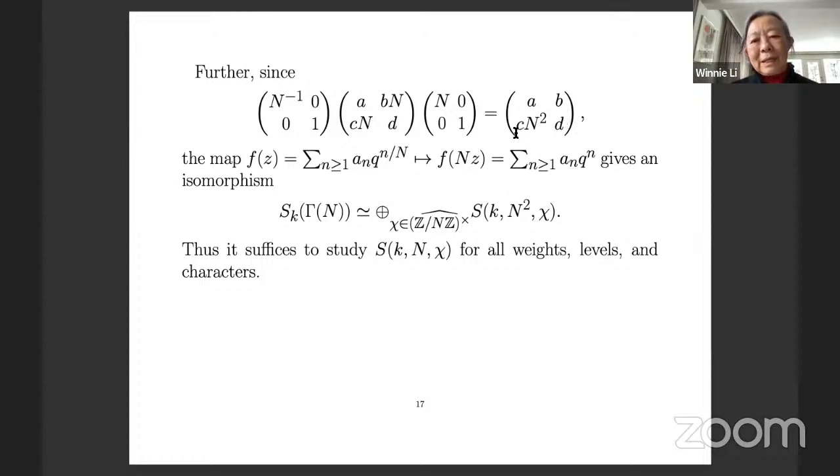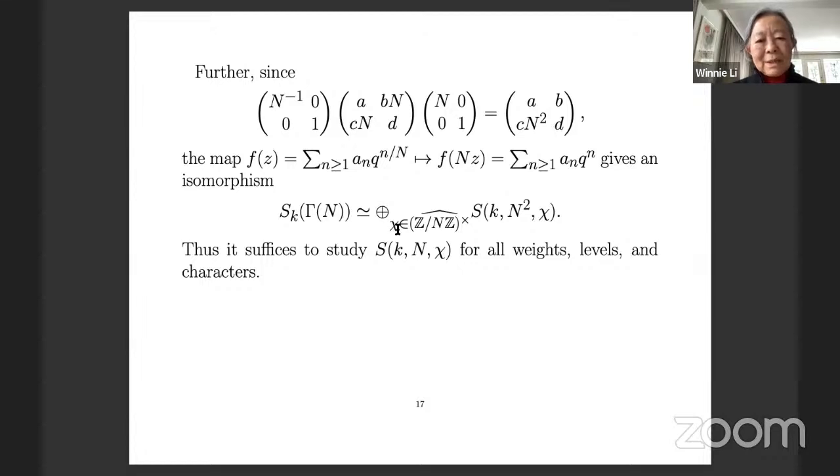Such a group means that we are looking at a new congruence subgroup whose level will be N squared, but the A, D corners will be the integers which are congruent to 1 modulo N. So that means the forms for that group will decompose as S_k(N², χ), where χ runs through the characters of (Z/NZ)^×.